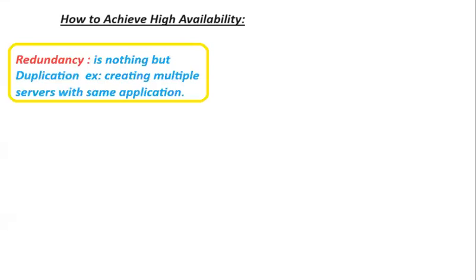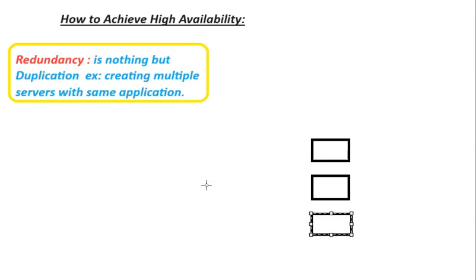Let's say I hosted more than one server for my application's high availability. This is a server, this is another server, and this is another server. Like this, I hosted multiple servers for my application.